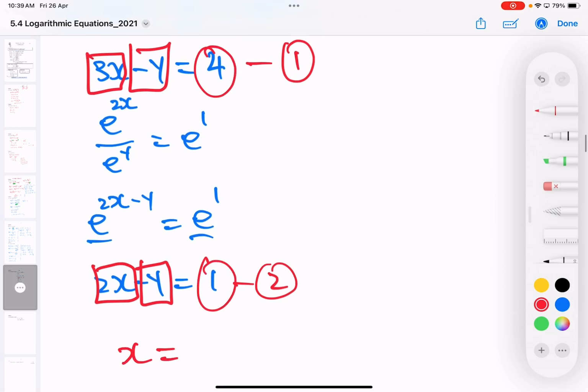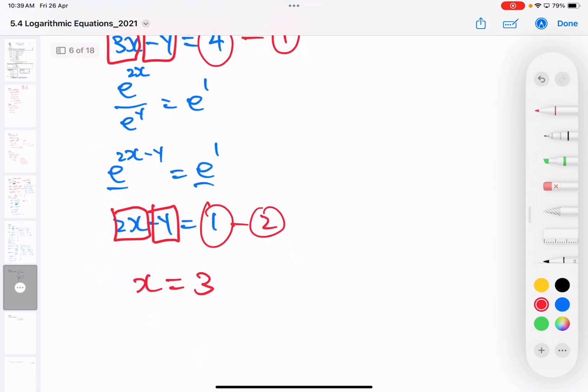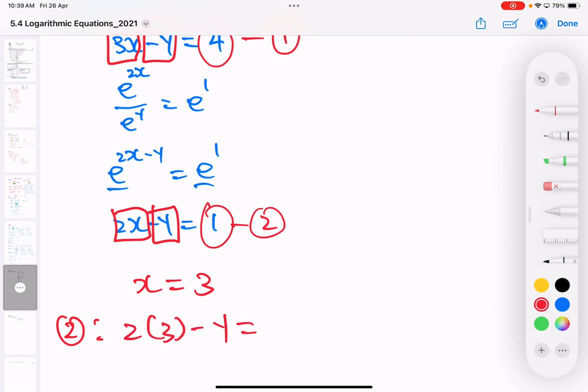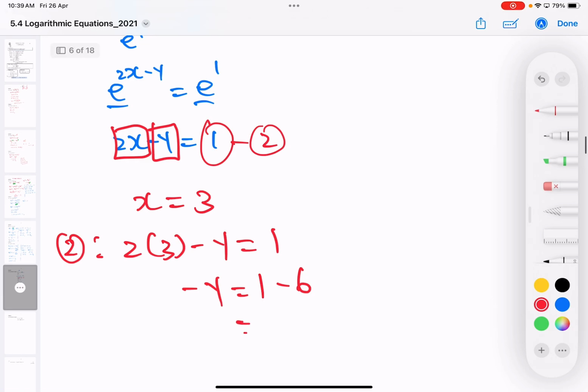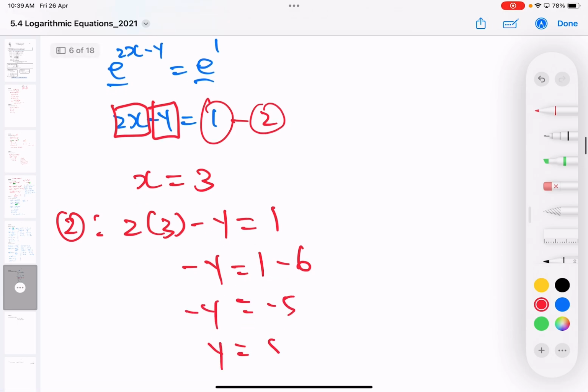What is 4 minus 1? 3. Therefore my value of x is 3. If I know that x is 3, I can substitute into any equation. Let me choose equation 2. 2 times 3 minus y is equal to 1. So negative y is equal to 1 minus 6. Therefore, y is equal to 5.